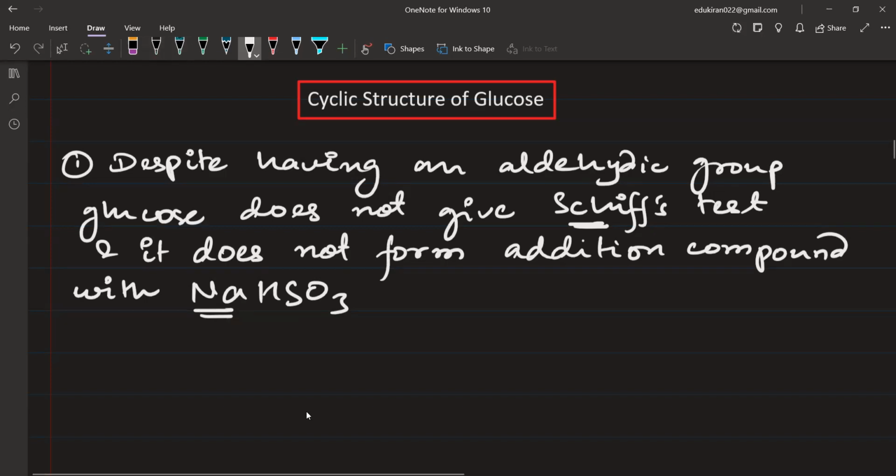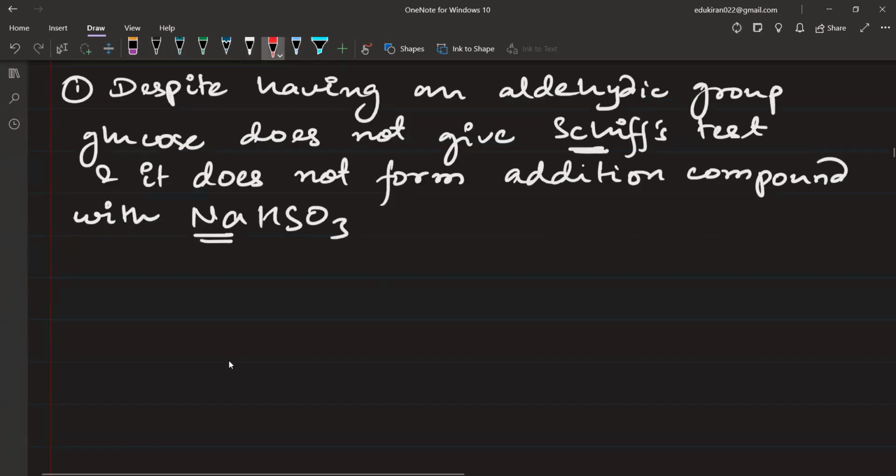Now what is Schiff test? Schiff test हम लोगों ने नहीं पढ़ा है. Schiff test इसी में है बस आपके पास. ठीक है? Please write. Note.